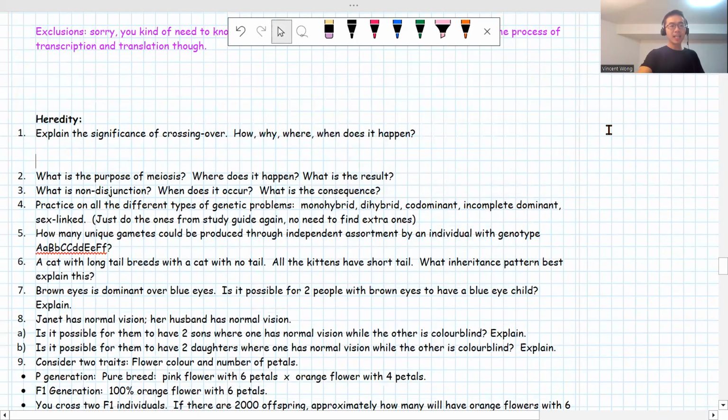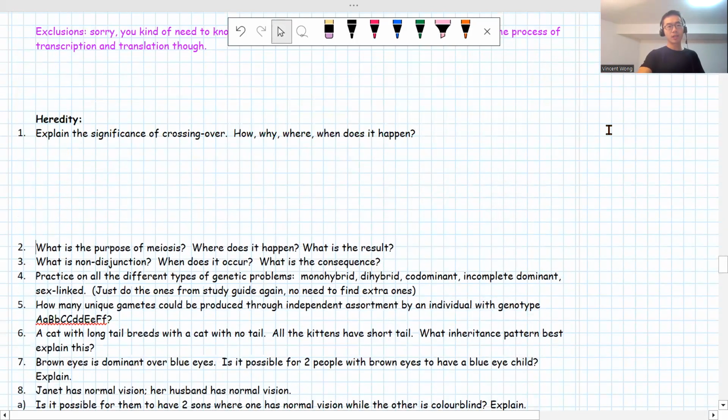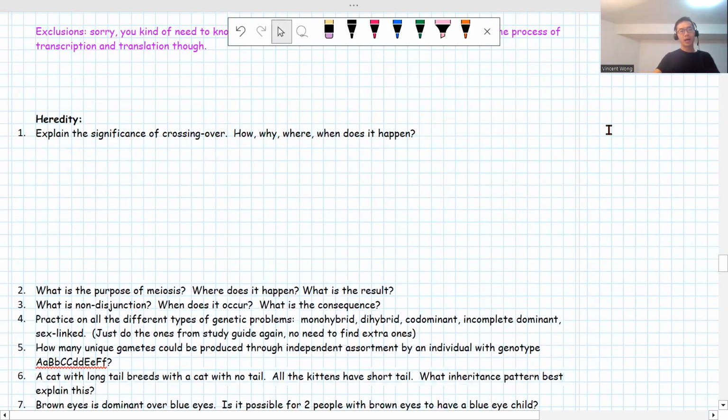Next, explain the significance of crossing over. How, why, where, when does it happen?